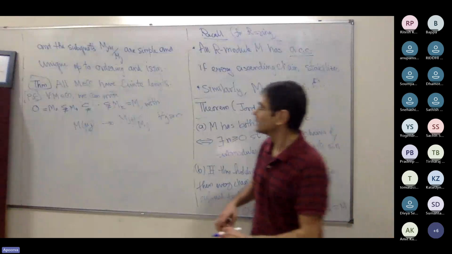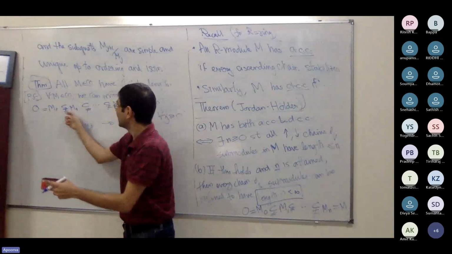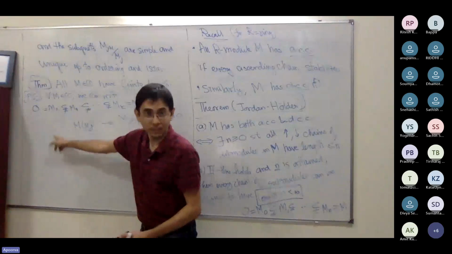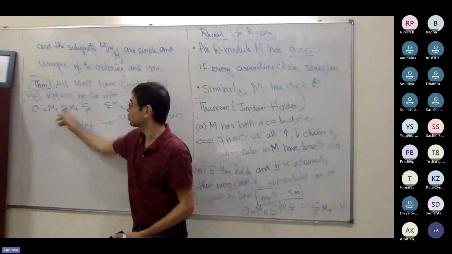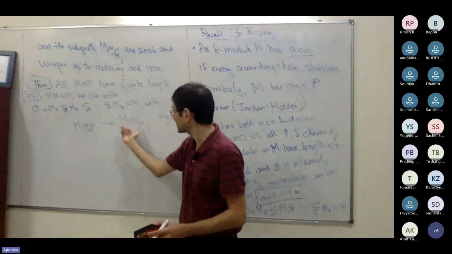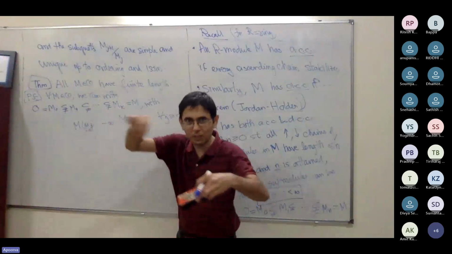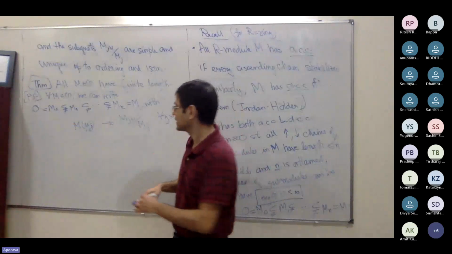So what I should be really doing is I want to now refine every one of these guys. Remember the claim that I wrote down, the trivial claim. When can you refine or lengthen this chain? You can do so if and only if the quotients are not simple. So I want to refine every such successive ratio into a chain where the quotients are simple. So all I'm saying is therefore it's enough to solve.